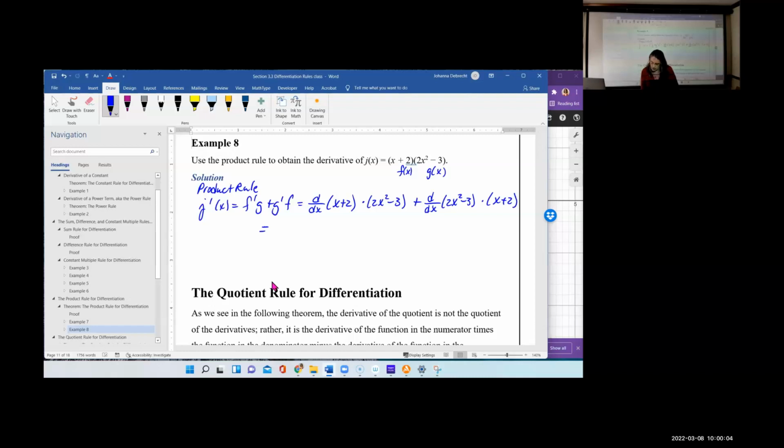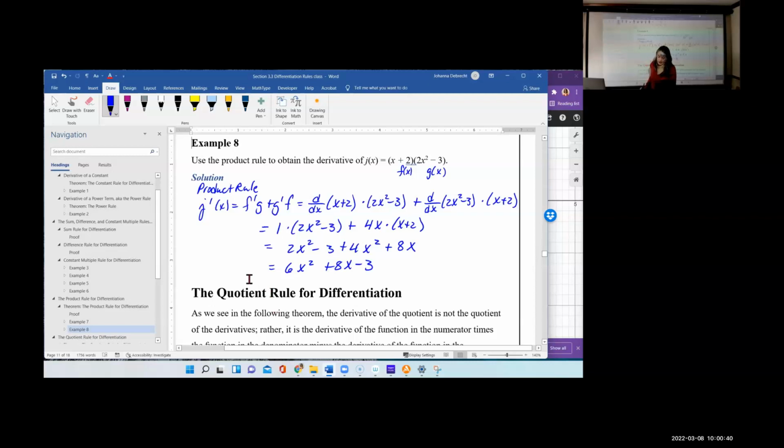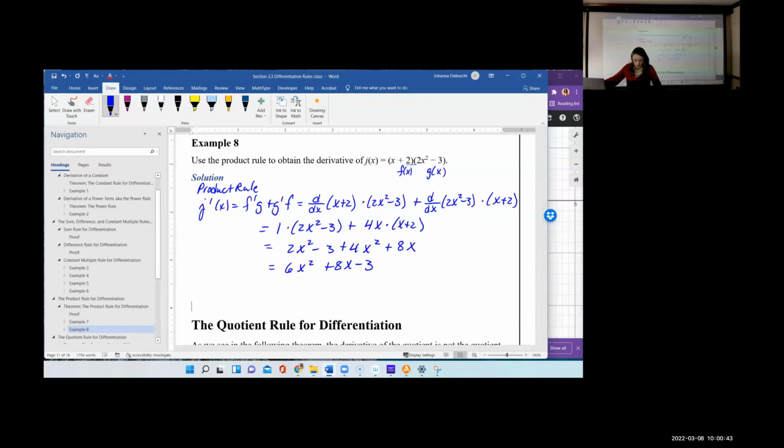The derivative of x plus 2 is 1, so we just have 1 times 2x squared minus 3, plus the derivative of 2x squared minus 3 would be 4x times x plus 2, which would give us 2x squared minus 3 plus 4x squared plus 8x, which would finally give us 6x squared plus 8x minus 3, right? So that's what I get from using the product rule.